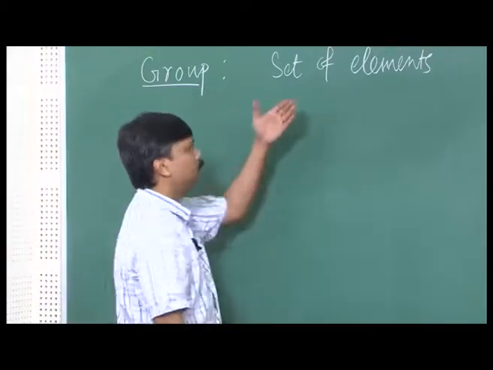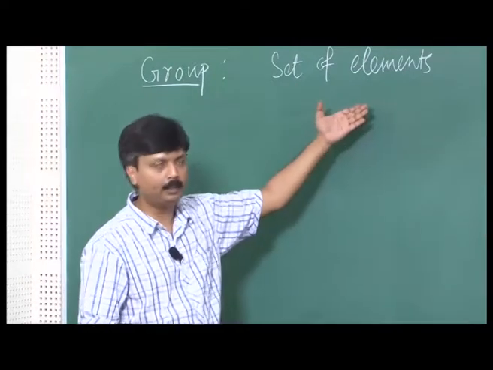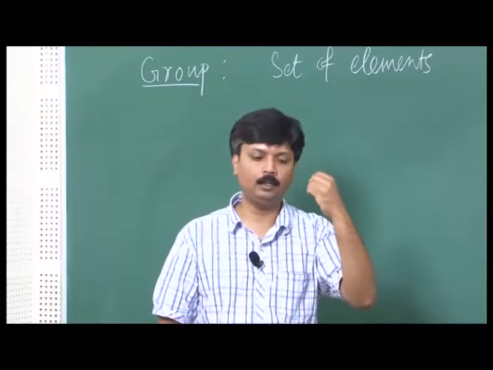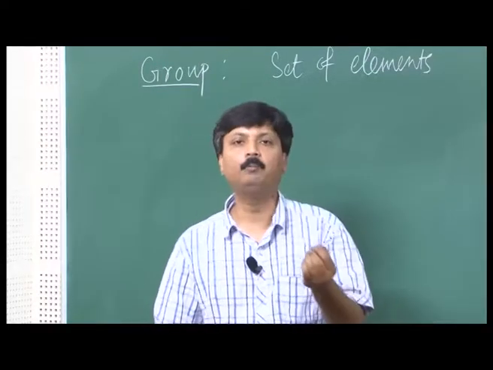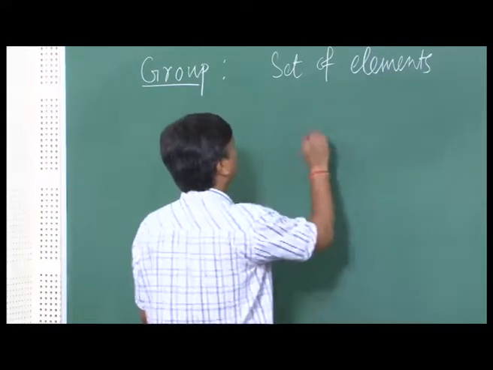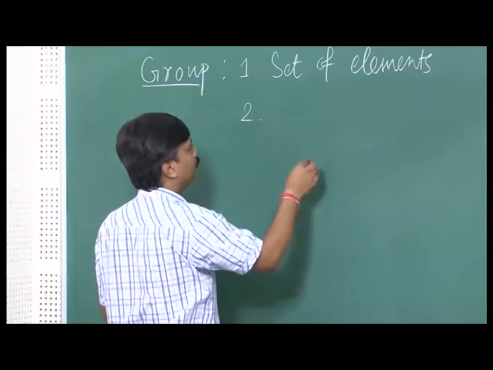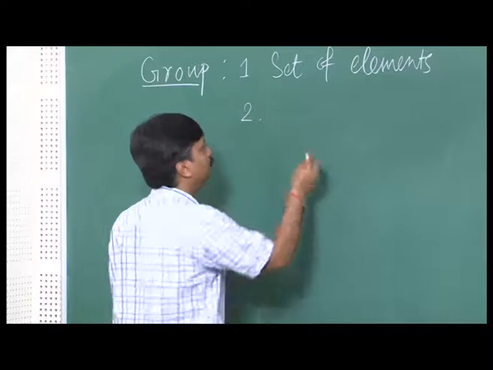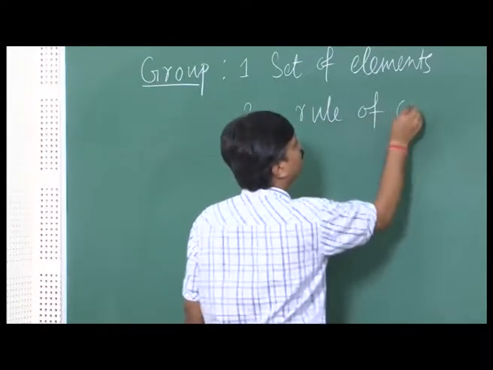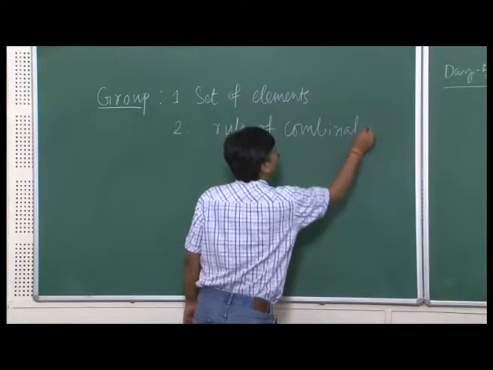So if I take any particular set having certain elements in it, and then there is a particular rule of combination, okay. So what I need, number 1 is a set of elements, number 2 a well defined rule of combination, okay. So rule of combination, that can be anything.